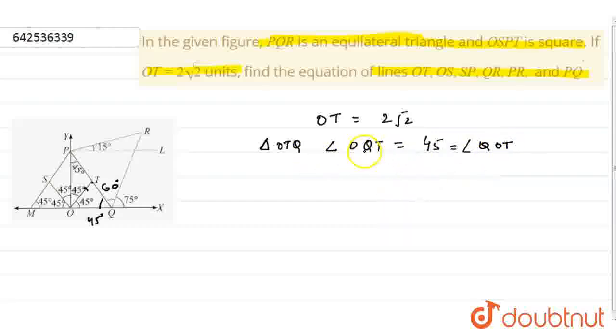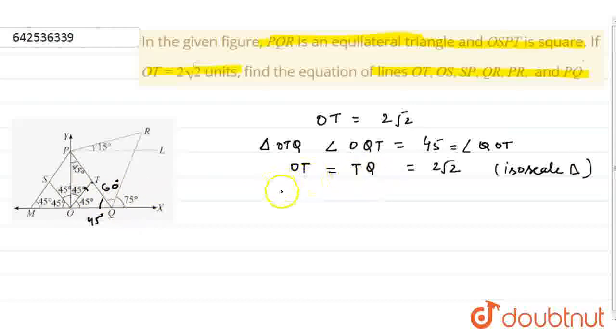So we can see if two angles are equal, this is an isosceles triangle. So the sides are also equal, so OT will be equal to TQ, right? That is 2 root 2 because of the isosceles triangle. Okay, now this OT is equal to TQ, right?